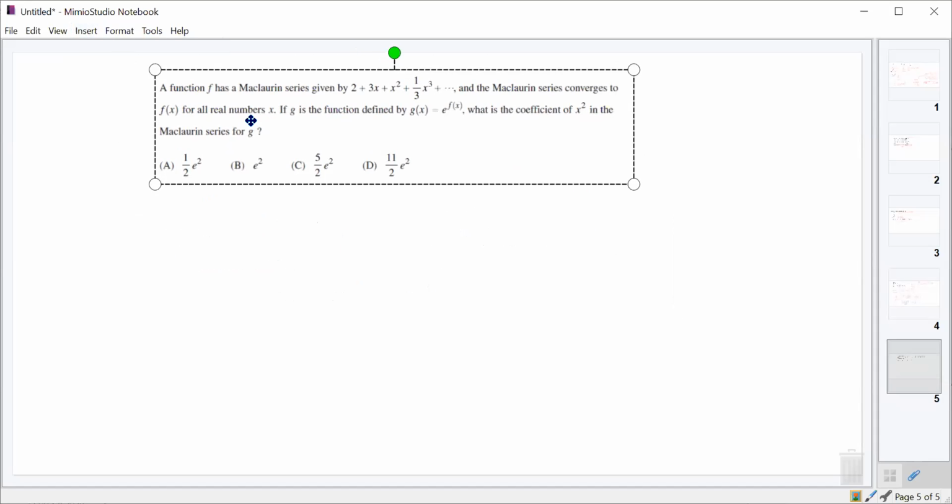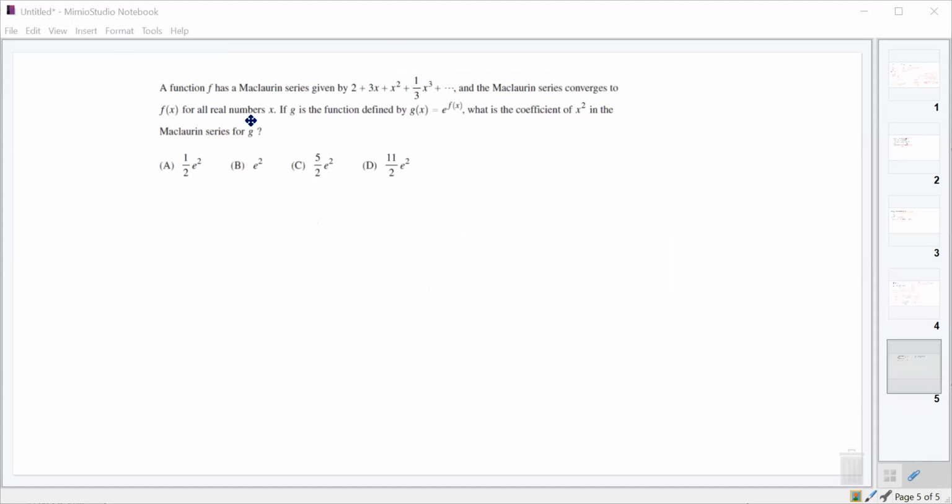All right. So we are given a Maclaurin series that converges to f of x for all real numbers. G is the function defined by g of x equals e to the f of x, and we want to know the coefficient of x squared in the Maclaurin series for g. Okay, let's see.